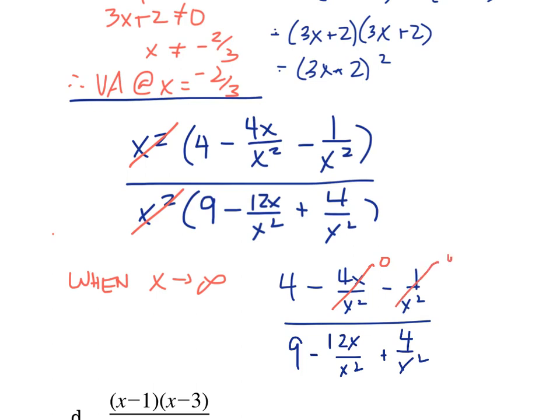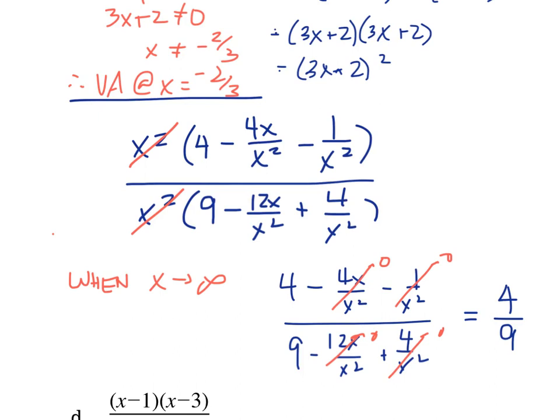Same thing's going to happen here, because when x gets very large, 1 over a very large number is basically 0. In the denominator, the same thing happens. With that 12x over x squared, the x squared is going to dominate when we get very large, so this thing is basically going to go away. And the last term is going to go away too. So essentially what we get is 4 over 9. That's all that's left when those other terms go away.